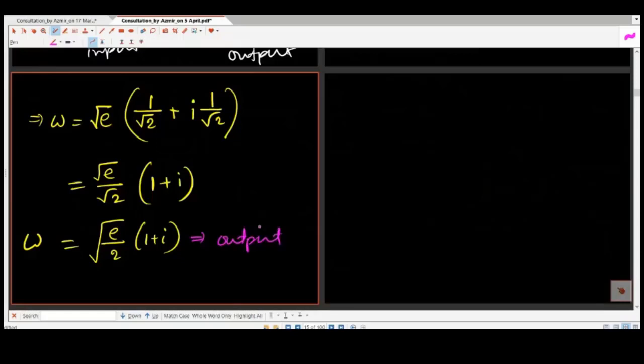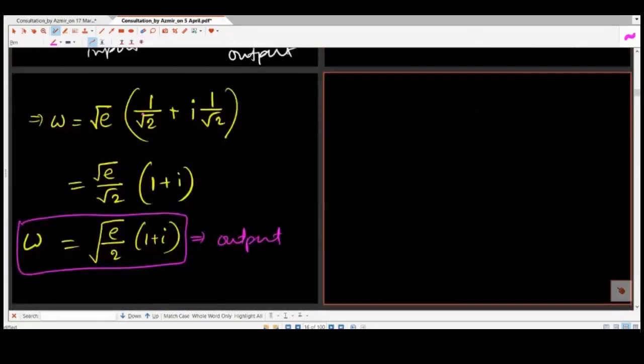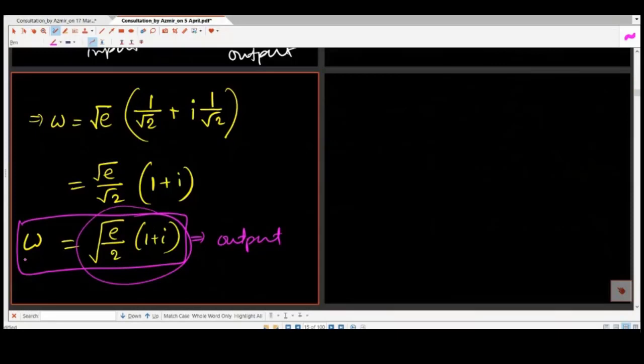We can evaluate the numerical value of this. That will take the form u plus vi, but that is of no need. The main point is how many values of w we have found for this input. We have found only one w. Our output is 1.